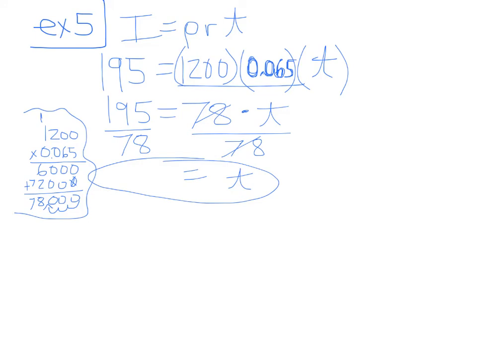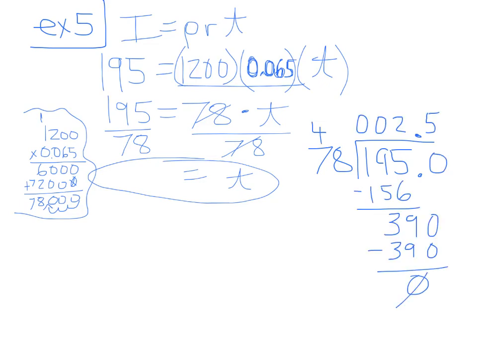So I'm going to divide 78, or bottom into top, so this ends up being 78 dividing into 195, decimal up. So you can see after I've divided 78 into 195, got my answer, nothing left down here at the bottom, 2.5 is my answer.